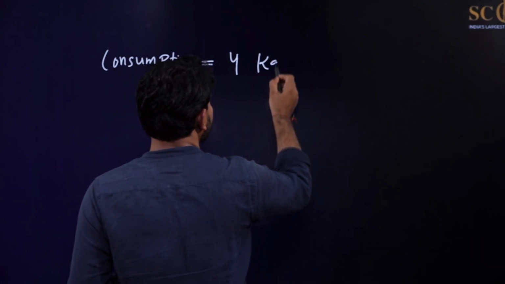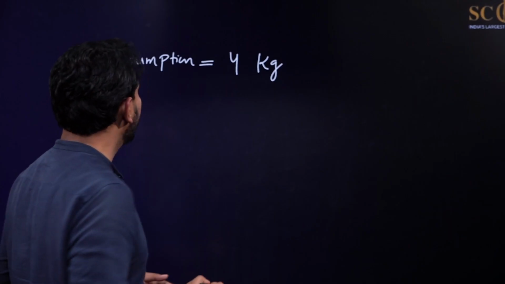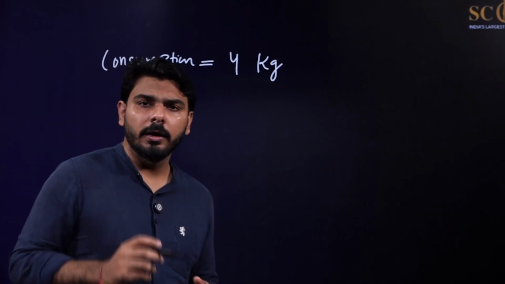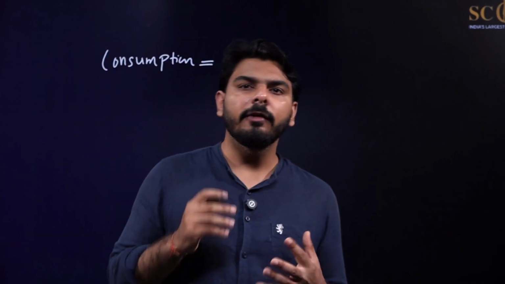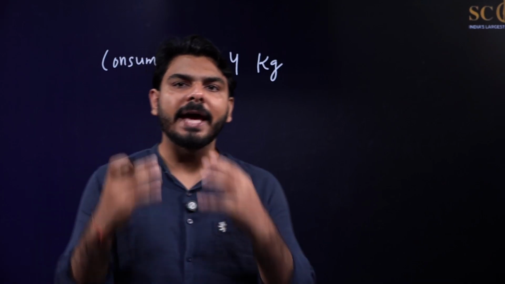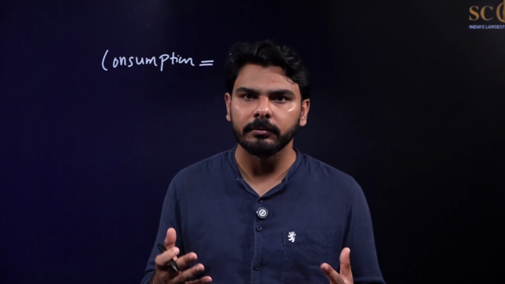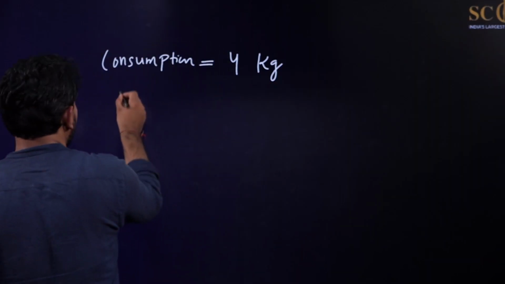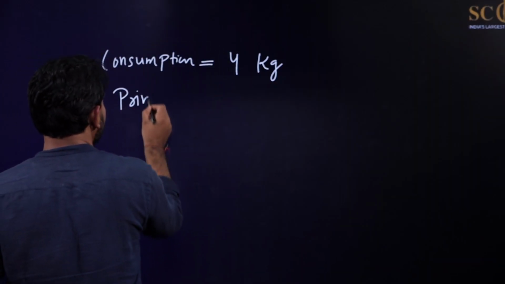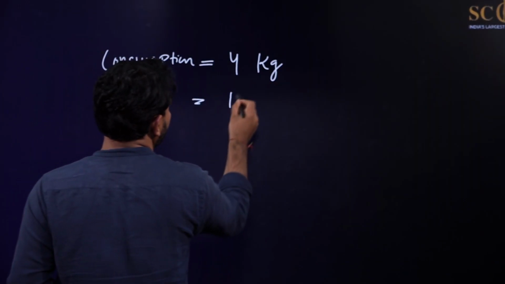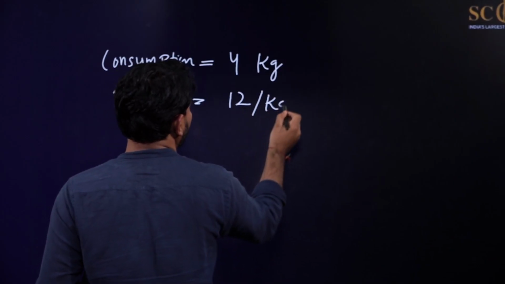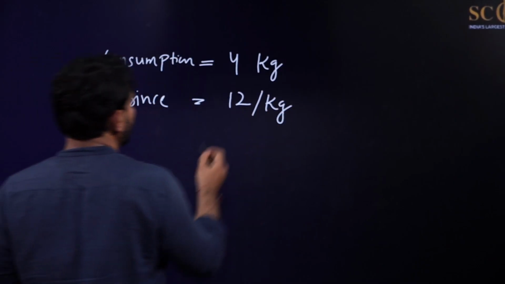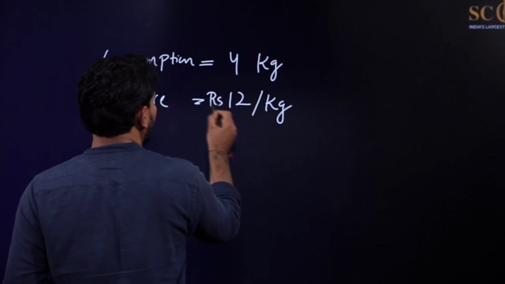Now there is one more thing: when you went to the market, you know the price of each kg of items. You know the price per kg. So what is the price per kg in this case? Let us suppose the price is 12 per kg, so rupees 12 per kg.